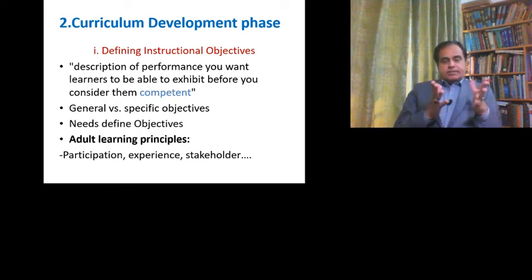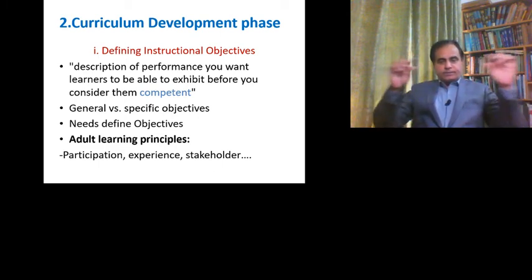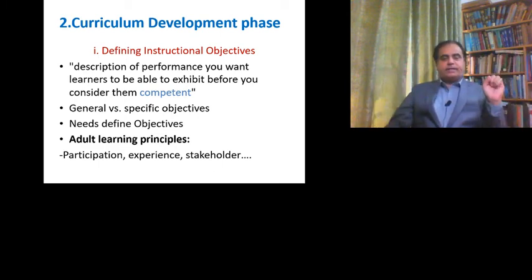Objectives are, as you can see, the definition: description of performance you want learners to be able to exhibit before you consider them competent. So the objectives are the level of performance that you set in the very beginning.